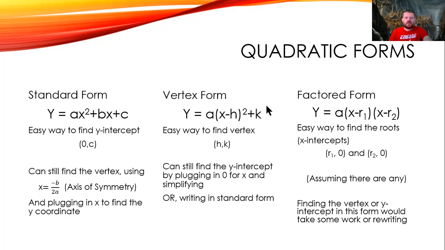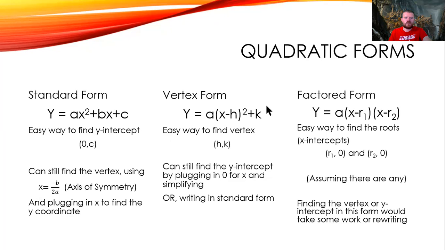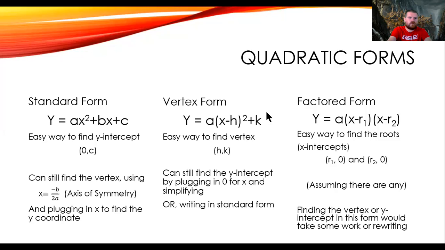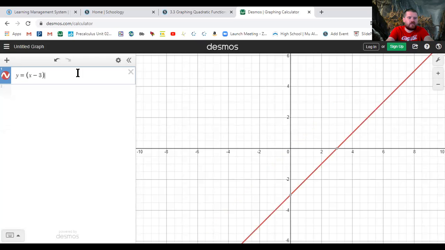Okay. So, a couple questions on the assignment for 3.3 are just simply asking you to identify key features based on the graph. So we'll pull up Desmos here. You should by now in 3.1 be able to identify different types of forms.